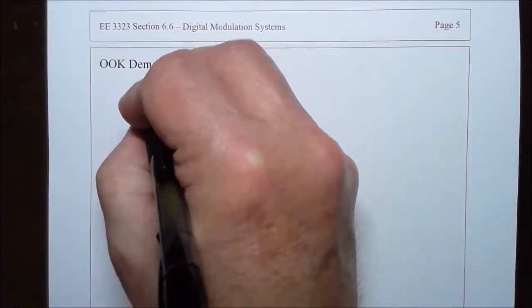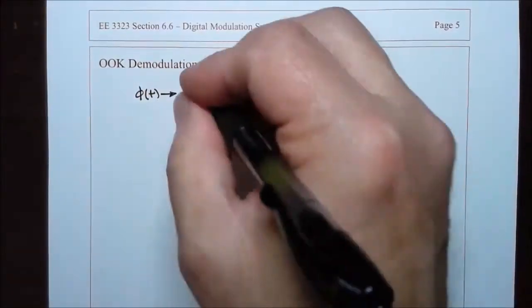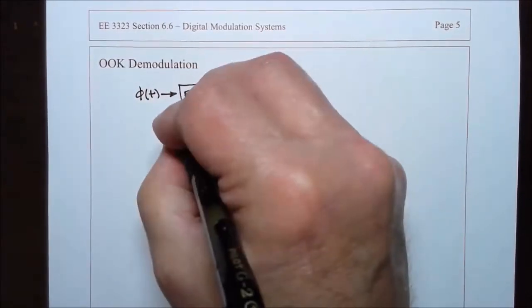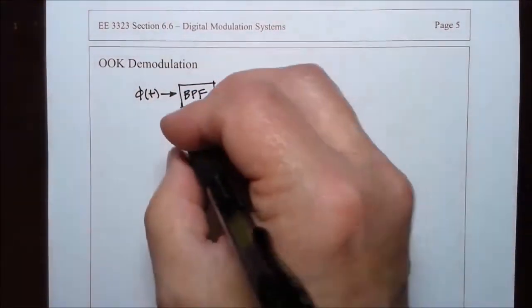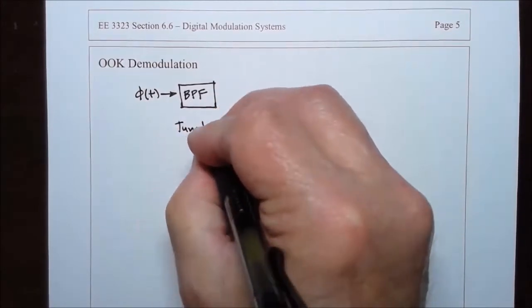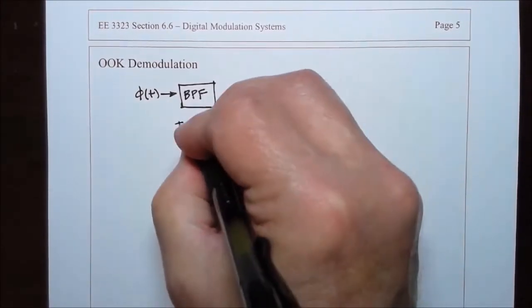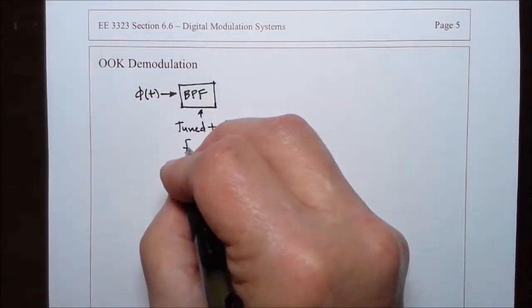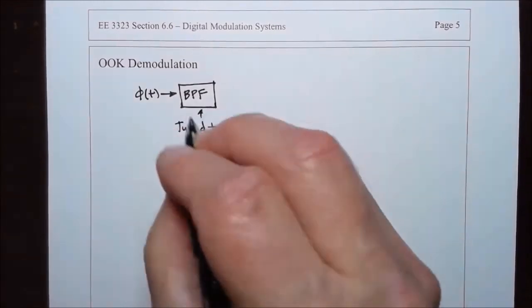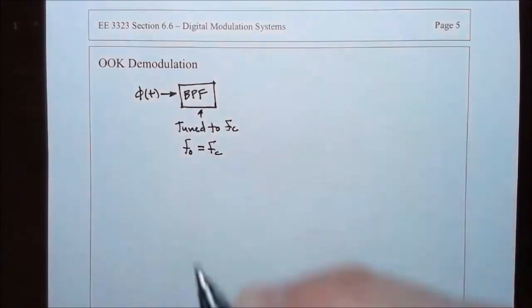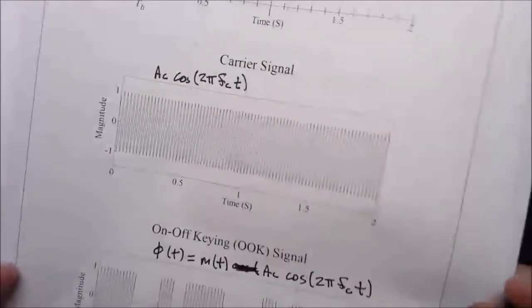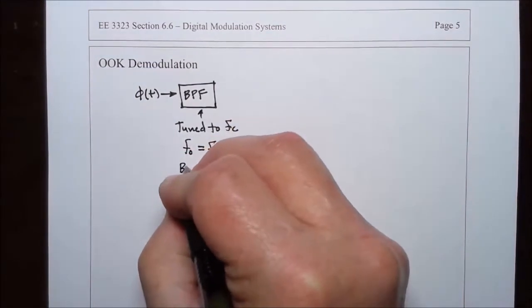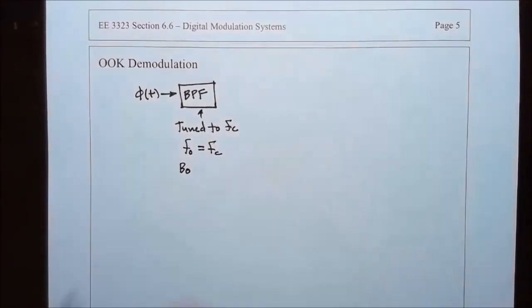We take the modulated signal. We need to have a bandpass filter tuned to the carrier frequency. So the center frequency of the bandpass filter would be equal to the carrier frequency of the modulated signal, and the bandwidth, I call it B0.